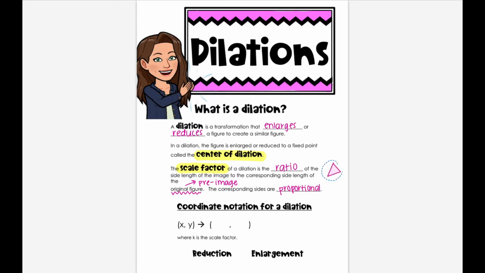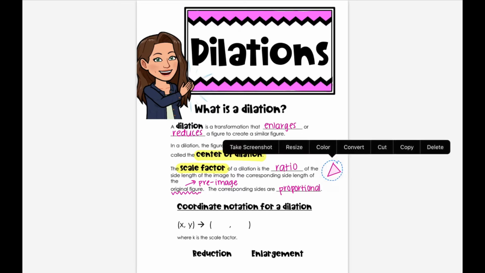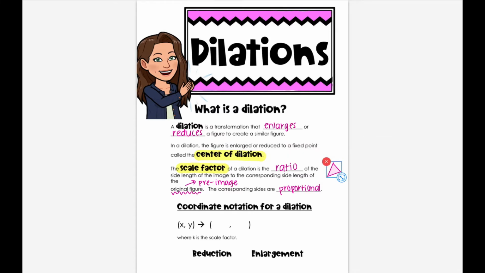All right, let me give you just a quick demonstration of what this means. So if I have a triangle and I want to enlarge this triangle, okay? If I make it bigger, let's say the original triangle had a side length of 2 right here.